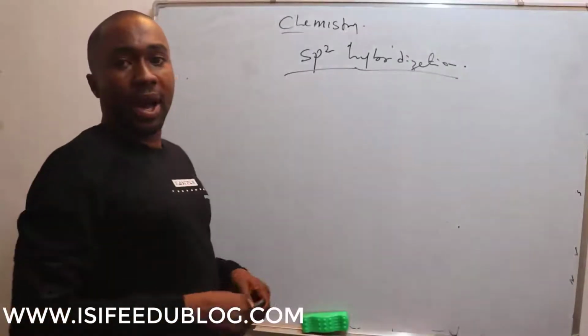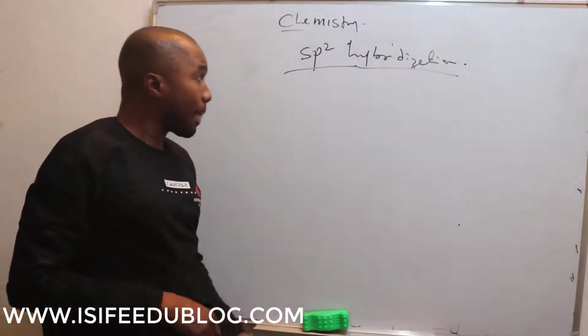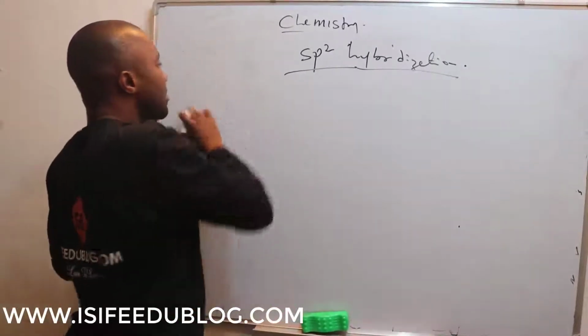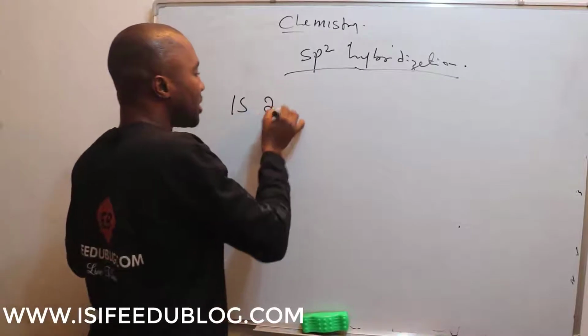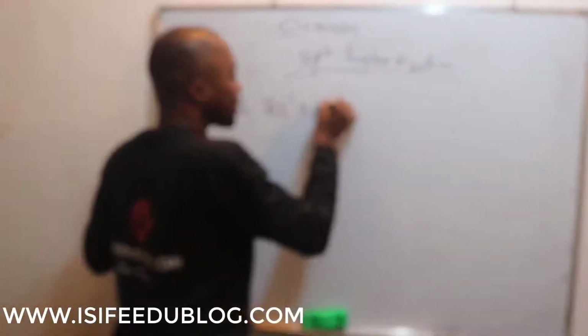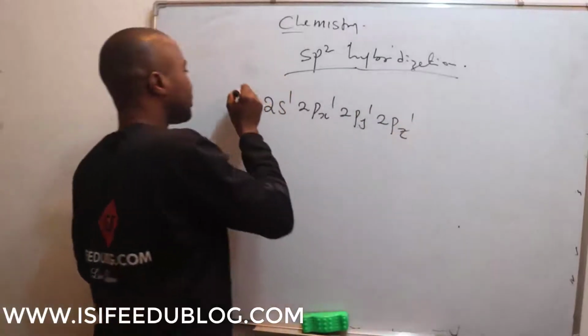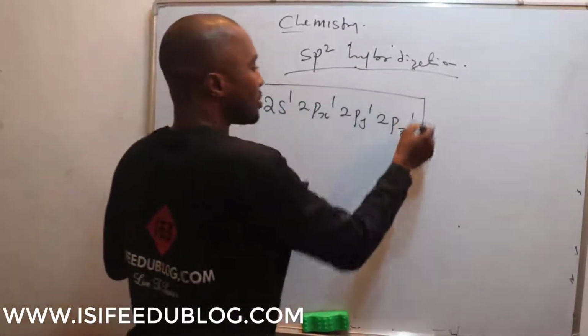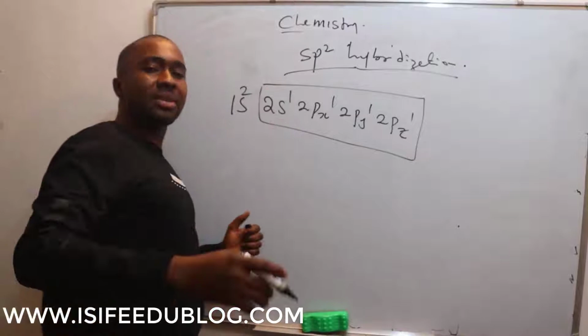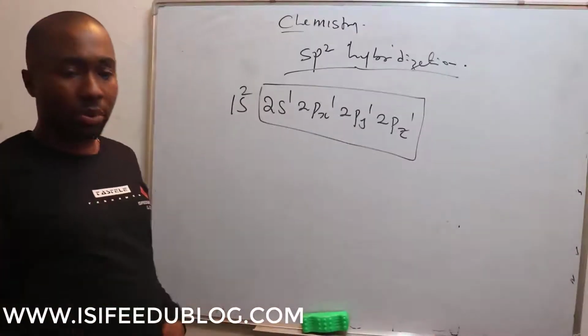In the SP2 hybridization, it simply means that we have something like this: 2s1, 2px1, 2py1, 2pz1. These are the ones that are hybridizing. Hybridizing means the ones that are mixing up.